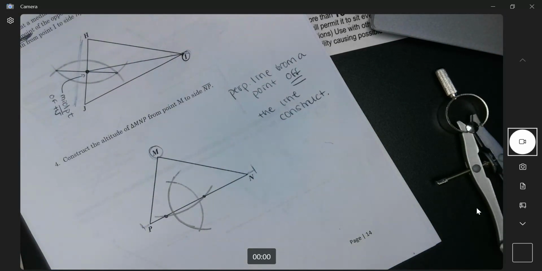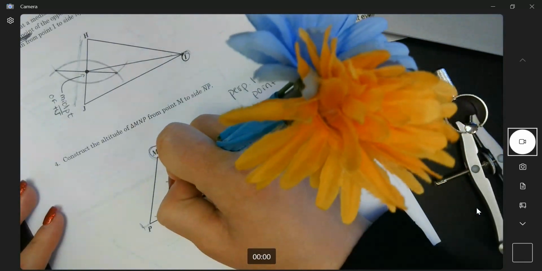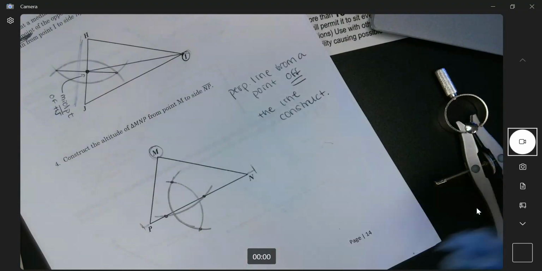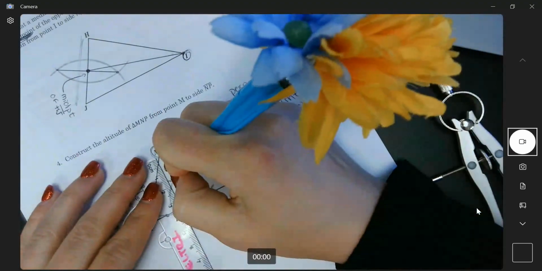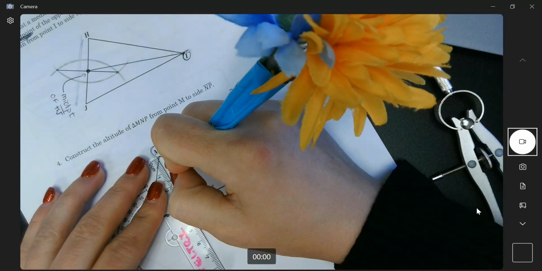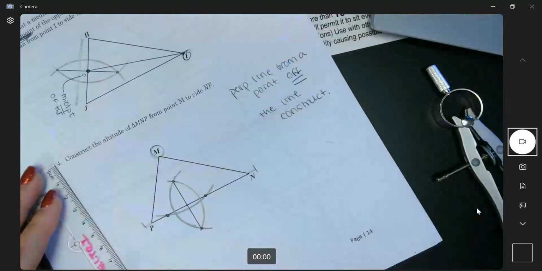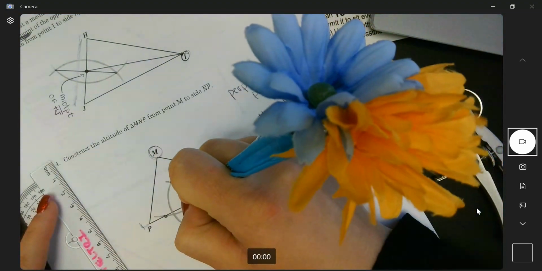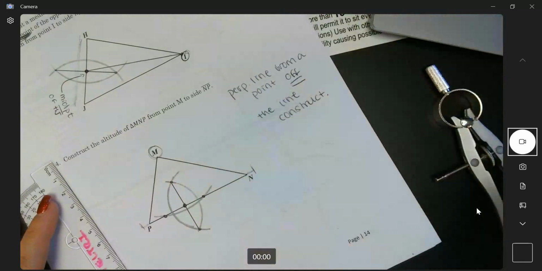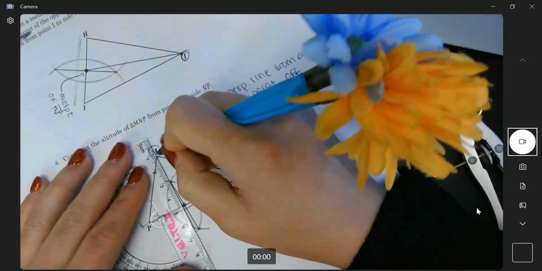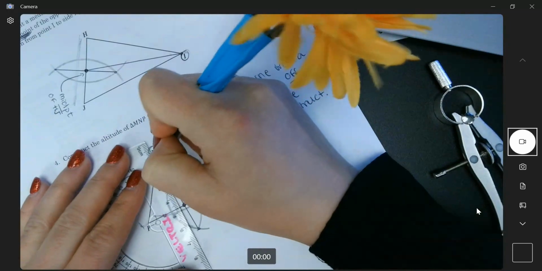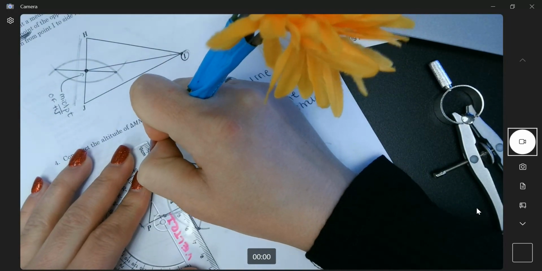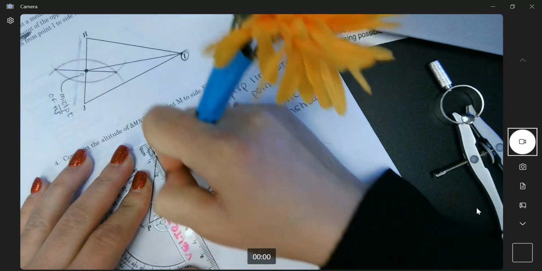So I've got this point down here, and again, I'm going to use my straight edge and connect those two together. Okay, just like that. I'm going to make this point really pronounced, and I'm also going to make sure that I connect M to that as well, like this.